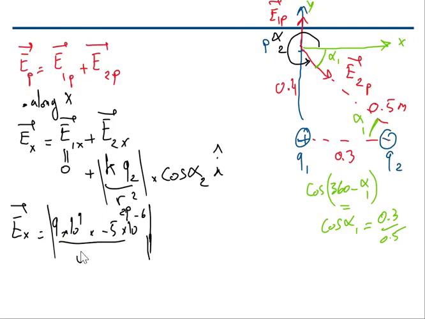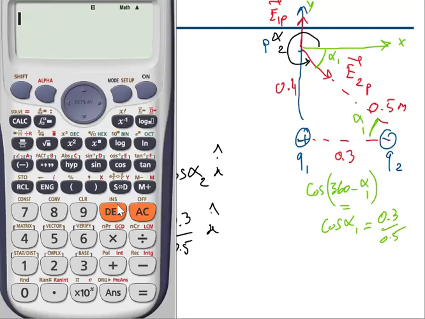The distance is 0.5 squared, multiplied by cosine alpha, which is 0.3 divided by 0.5, multiplied by the unit vector. Let's calculate.